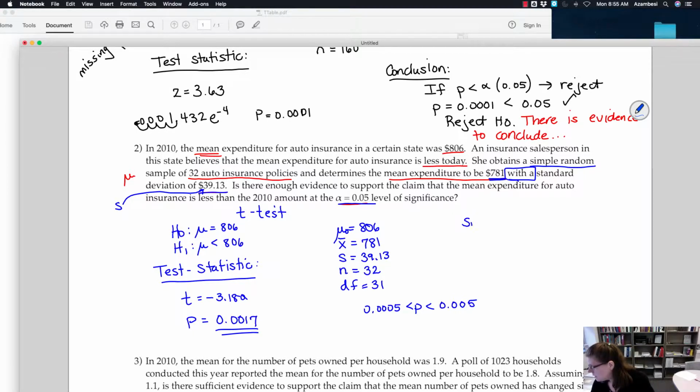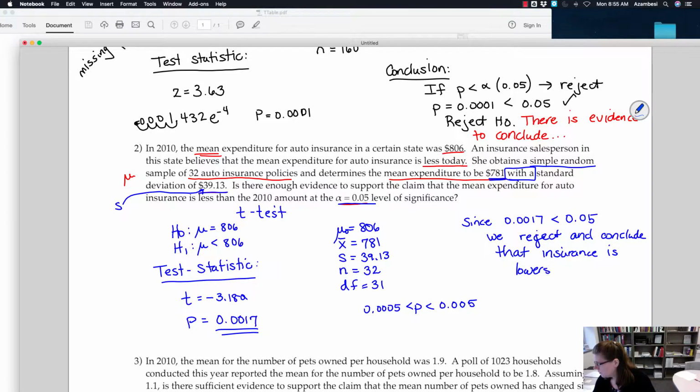So here, since 0.0017 is less than 0.05, we reject and conclude that insurance rates are lower. You know that that's a made-up problem because insurance rates never get lower.